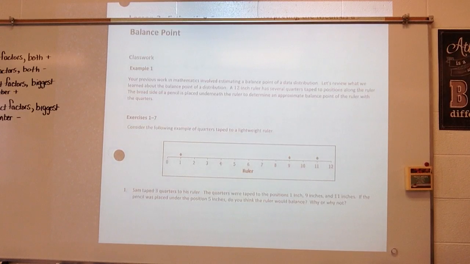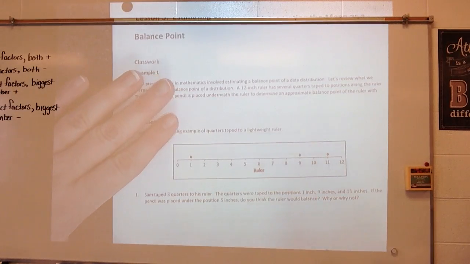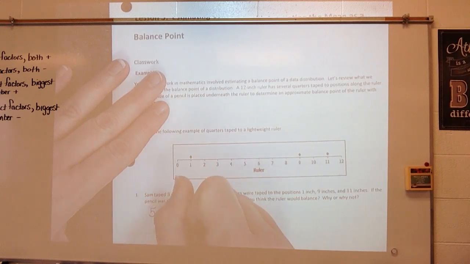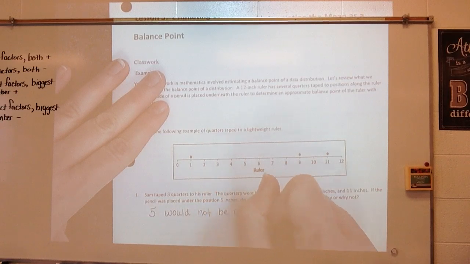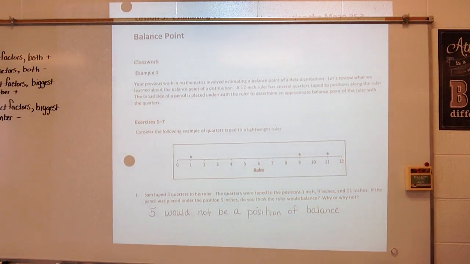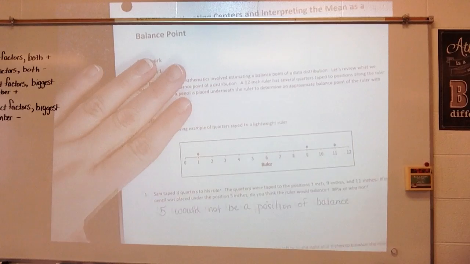So 5 would not be a position of balance. I think that the quarters at 9 and 11 would pull the balance toward that side.